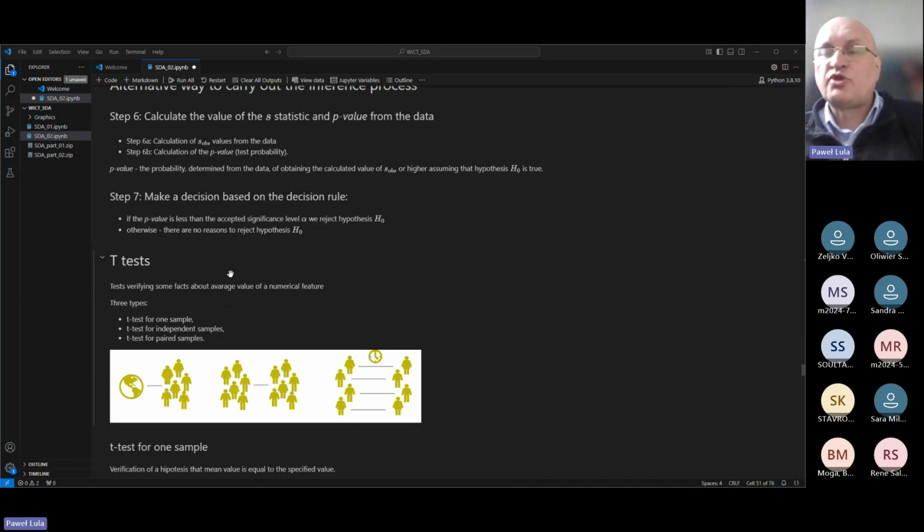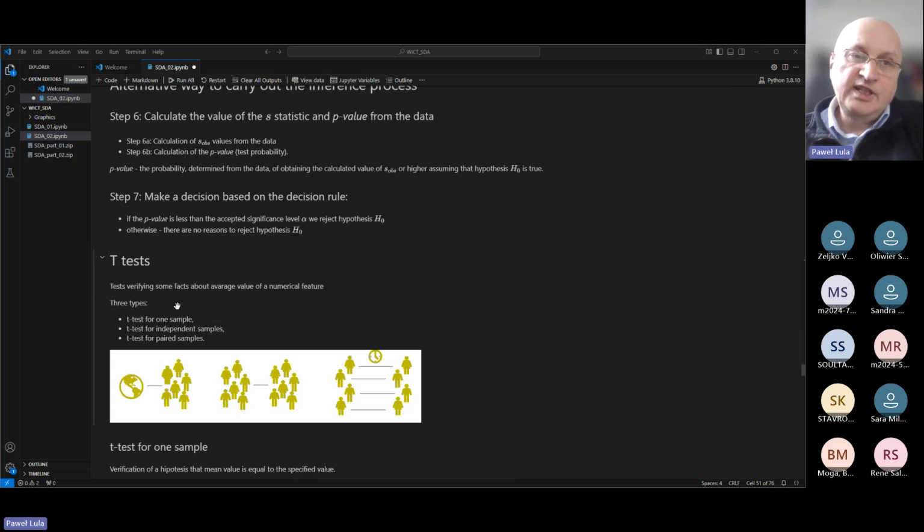First, I'm going to show something about t-tests. T-tests are used for verification of some facts relating to the mean value, average value in the whole population.